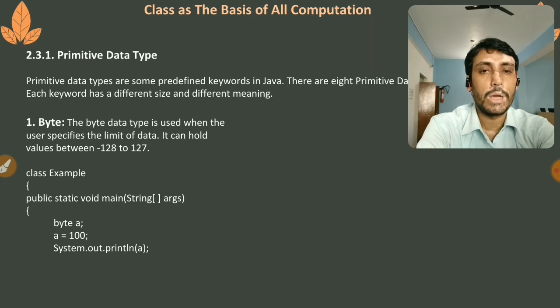A assignment operator 100 means the value of A is 100, and now you want to print. So System.out.println, and in the bracket we have given A. Now compile and output will be displayed. So whatever value is given in the variable, that can be displayed.